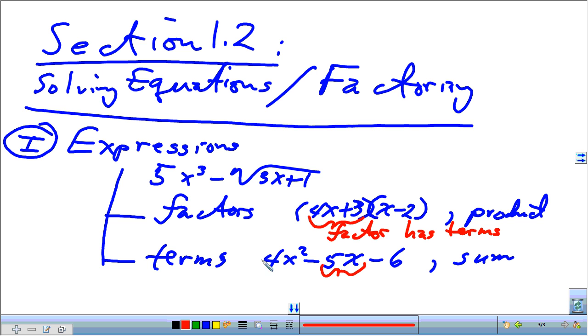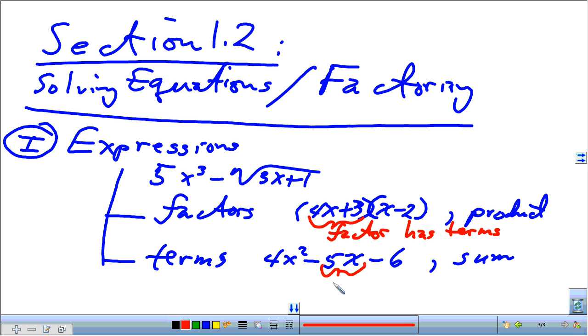If we look at this example with terms, we have the main process is a set of terms which are being added or subtracted.